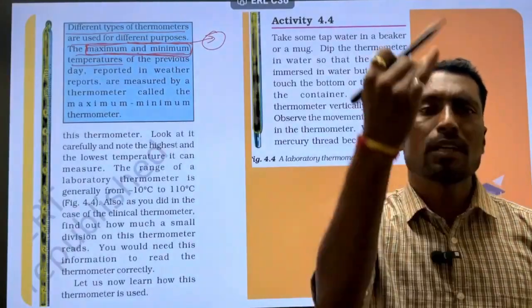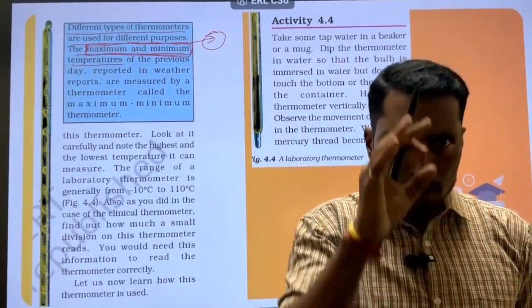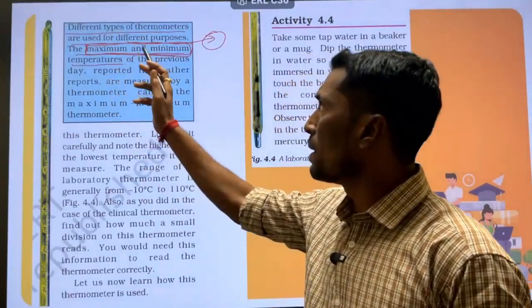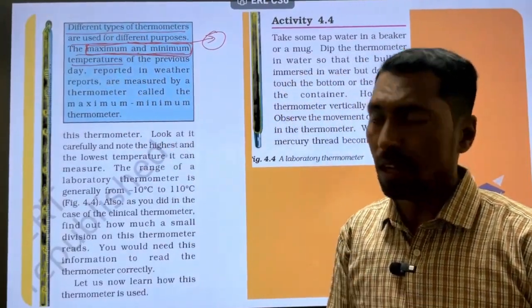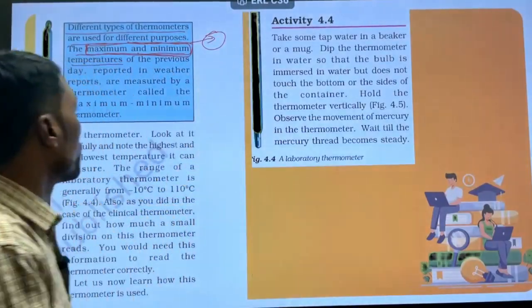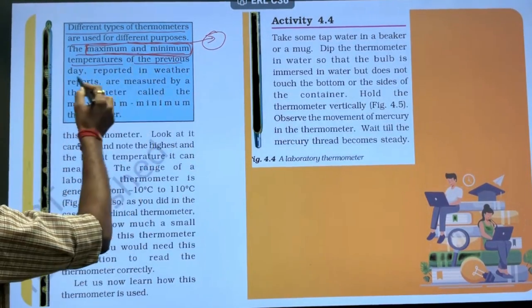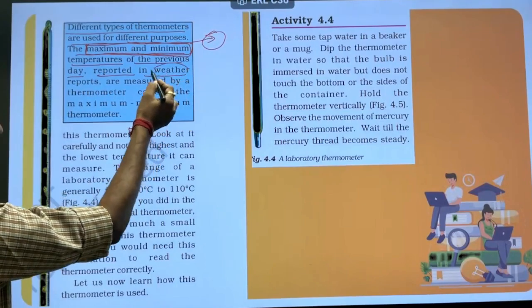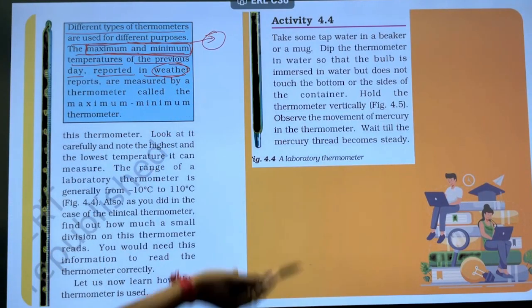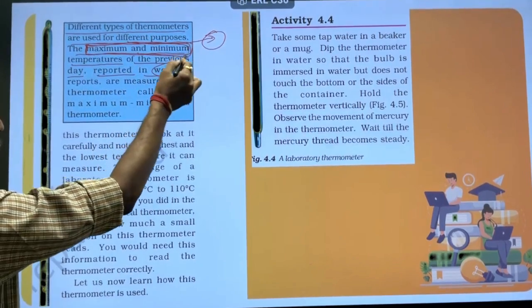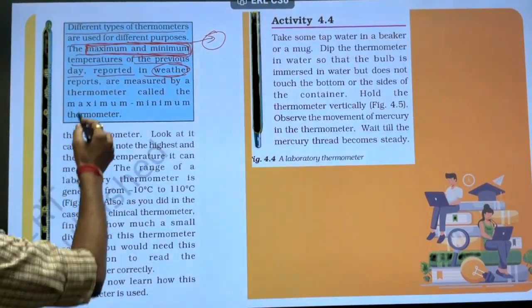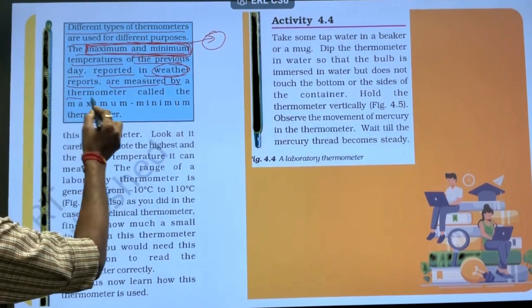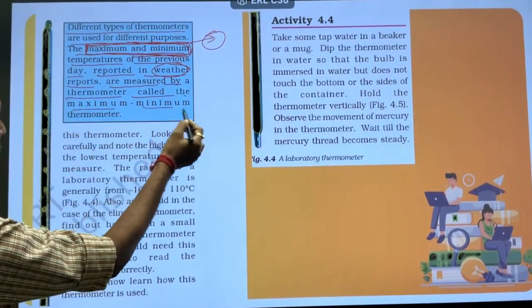Temperature कभी कम हो सकता है, कभी increase हो सकता है. For that we use the maximum and minimum thermometer. That is the another thermometer to measure the maximum and minimum temperature of the previous day reported in a weather report. Weather के related जो भी information है that can be analyzed with the help of the maximum and minimum thermometer.